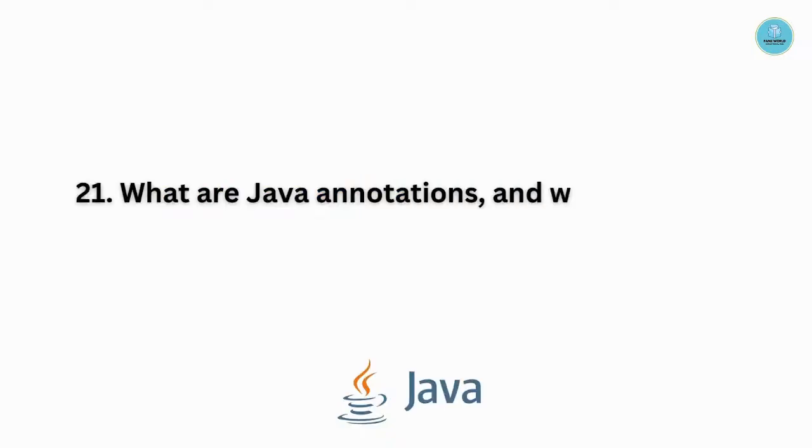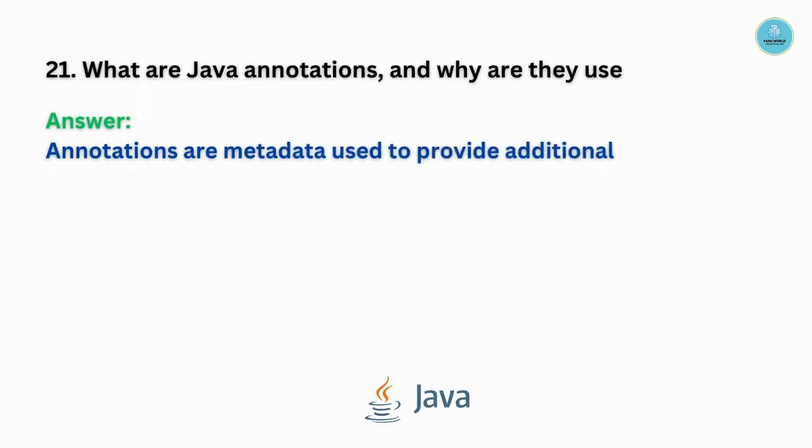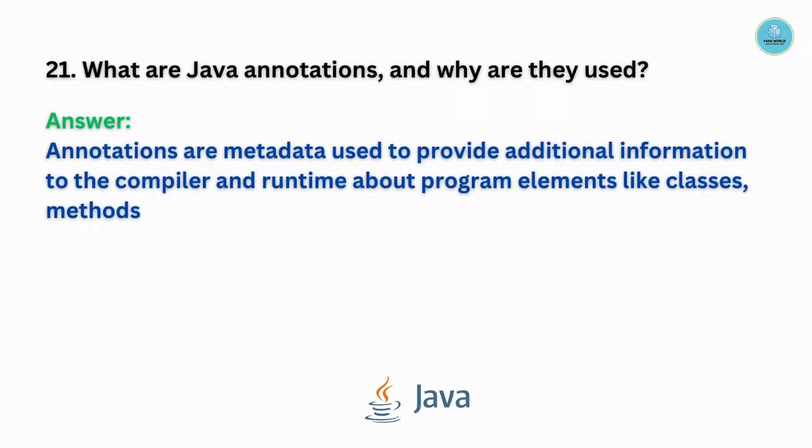What are Java annotations and why are they used? Annotations are metadata used to provide additional information to the compiler and runtime about program elements like classes, methods, and fields. The types are built-in annotations and custom annotations.